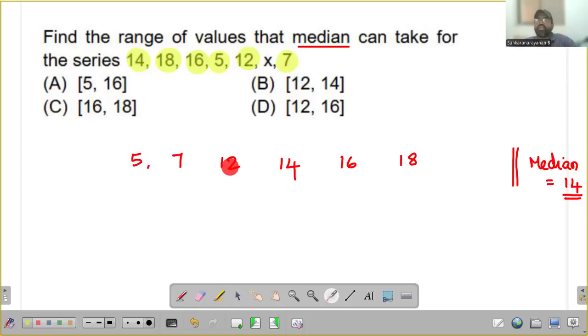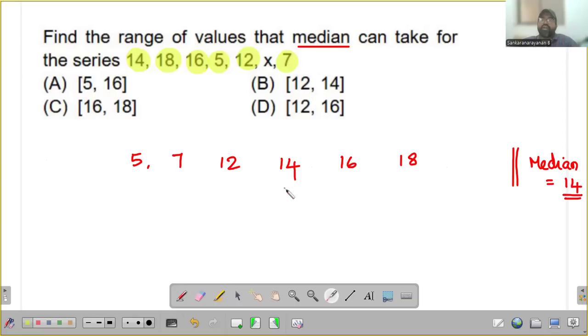The left side of 14 will also be 3. 14 will be located exactly as the median. See this, if I place x here, 3 observations are there to the right side of 14. If I place x here, again 16, x, 18, it will come, 3 are there. If I place x here, 16, 18, x, that unknown, 3 are there. So still 14 continues to be in the median position.